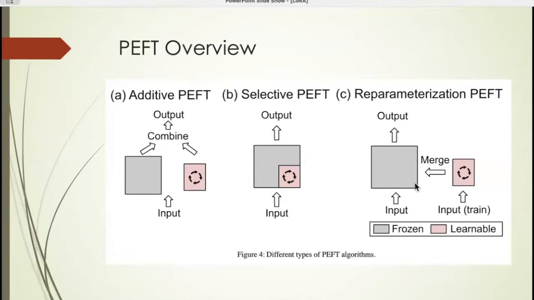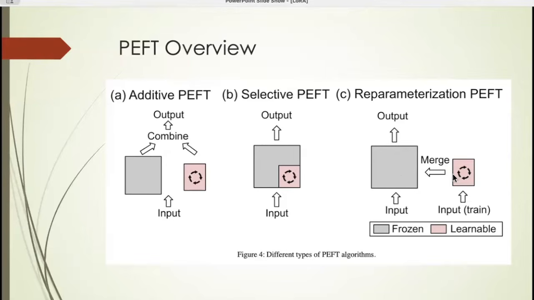Then the reparameterization PEFT, which is what we are talking about today, is the LoRA type of approach. Similar to additive, it has a new module parallel to the original weight, and it updates a few new parameters, and then adds them back, directly applying these additional changes to the original parameters.